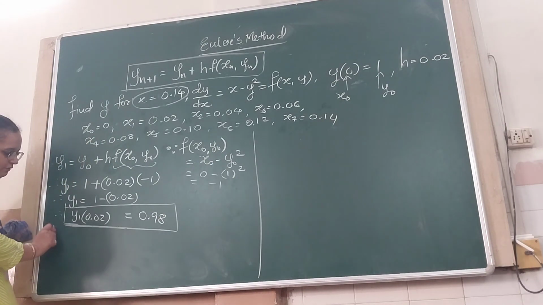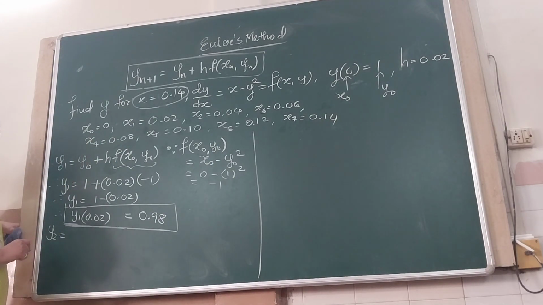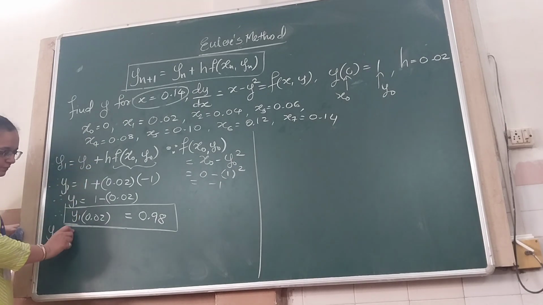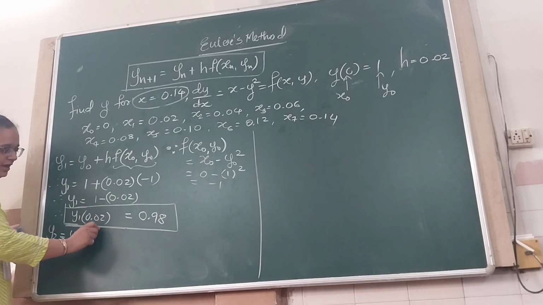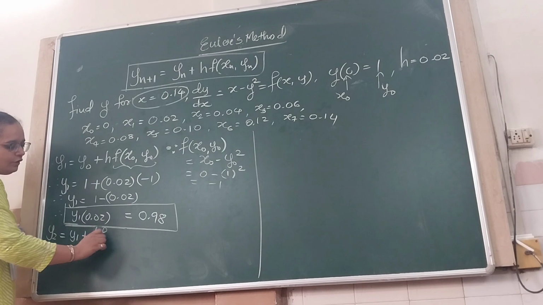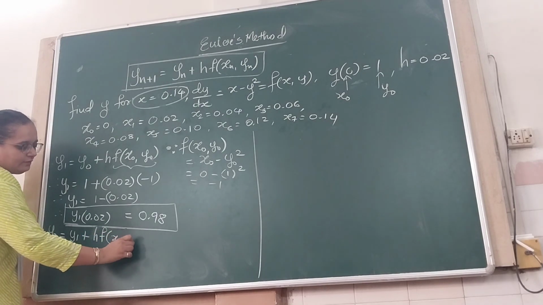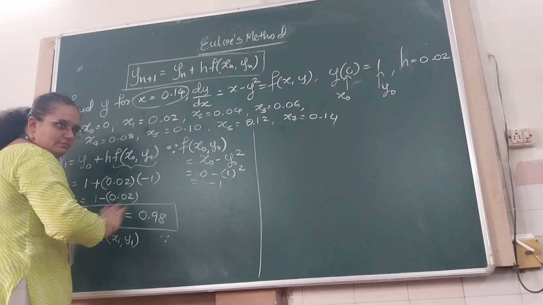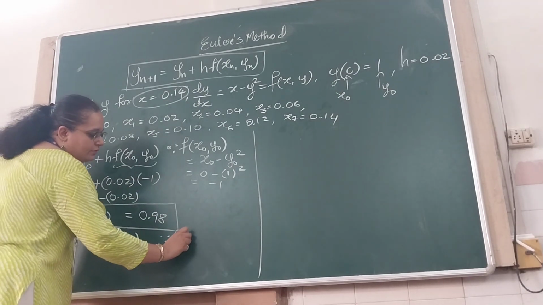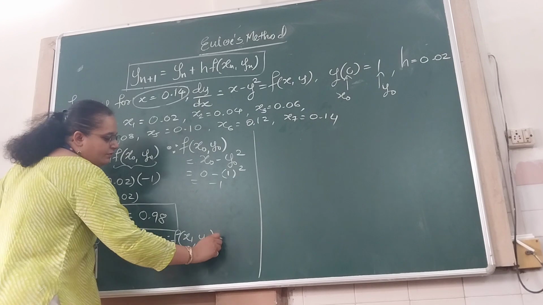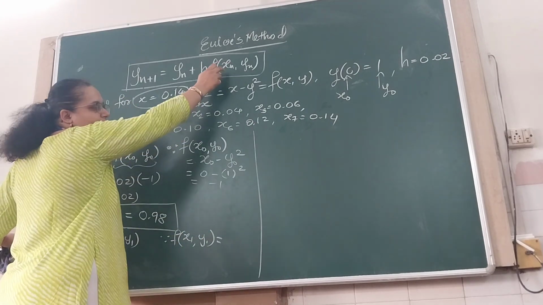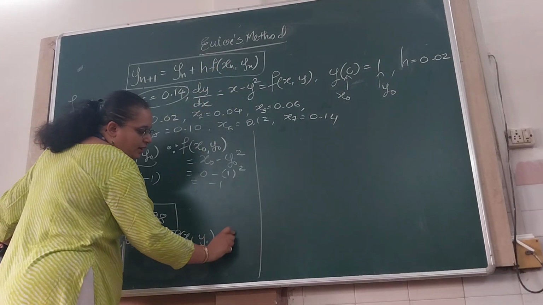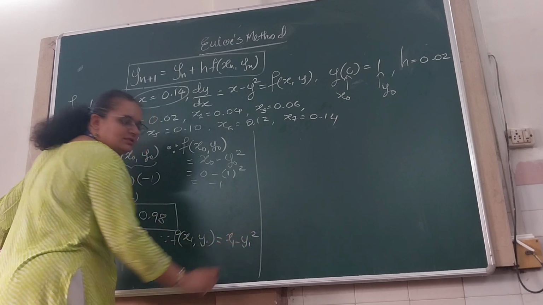Similarly, if I want to calculate y2, what will be the formula now? y1 plus h into f of x1, y1. So I need to calculate here f of x1, y1, which equals x1 minus y1 square.